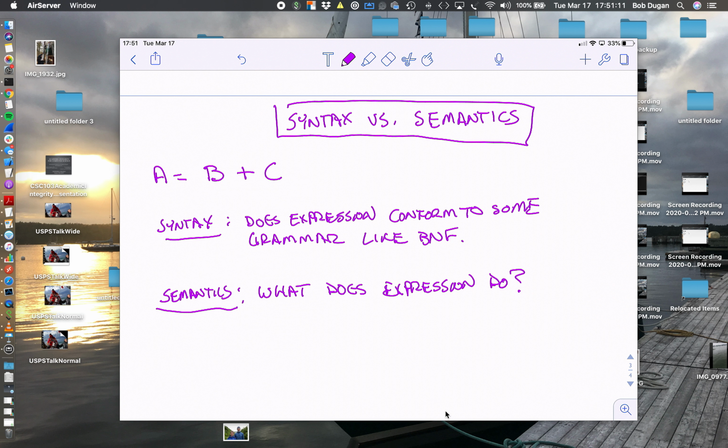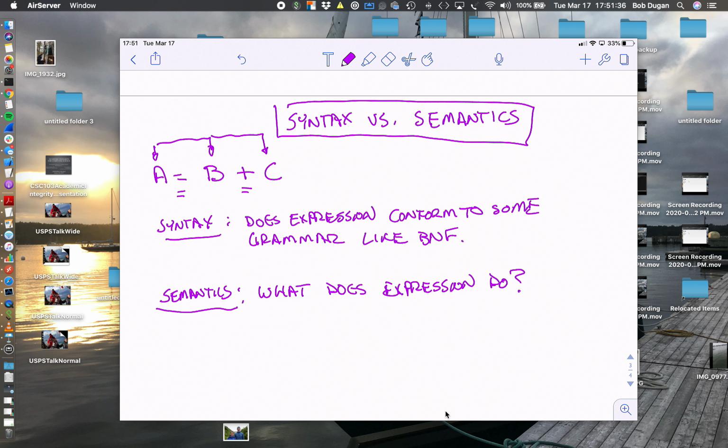Right, so what does A equals B plus C do? Well, it kind of depends on the meaning of this and what the values are for these, right? So that meaning is something that exists apart from the grammar description for the language.